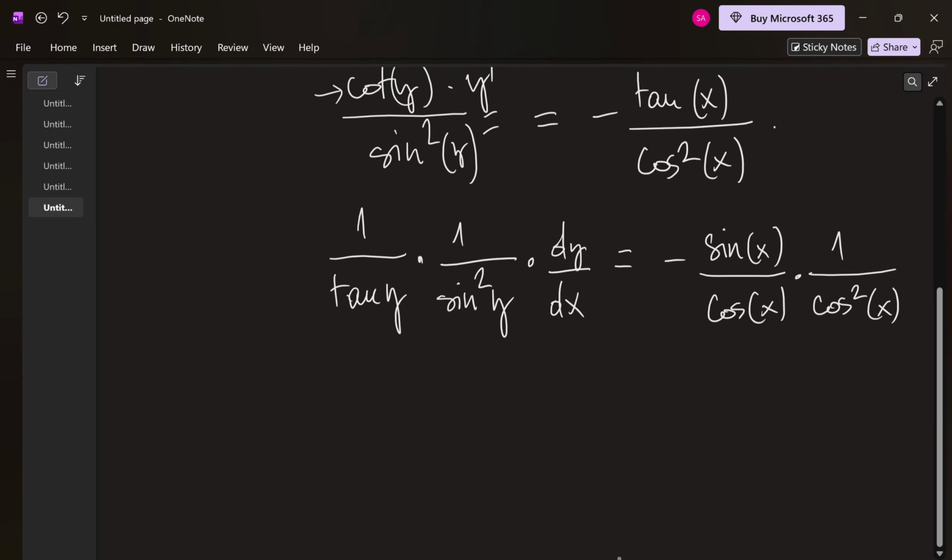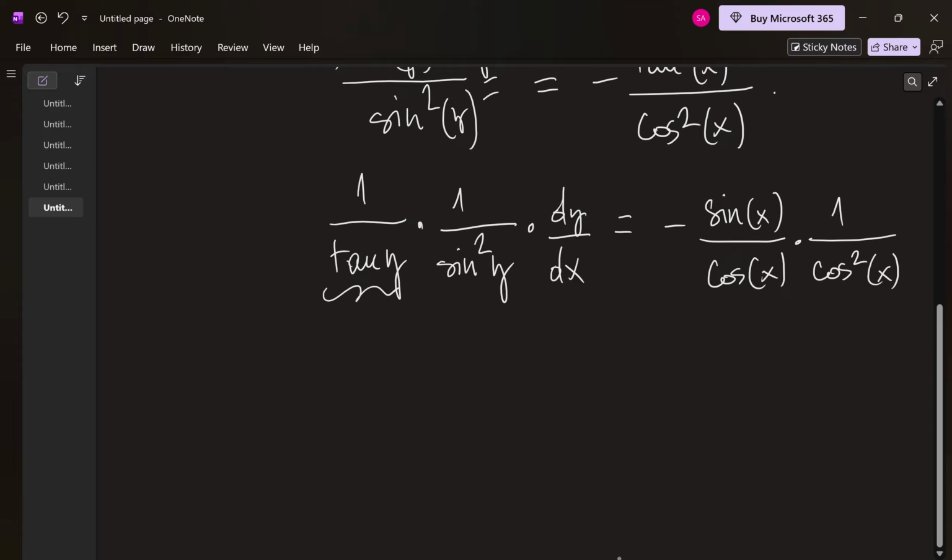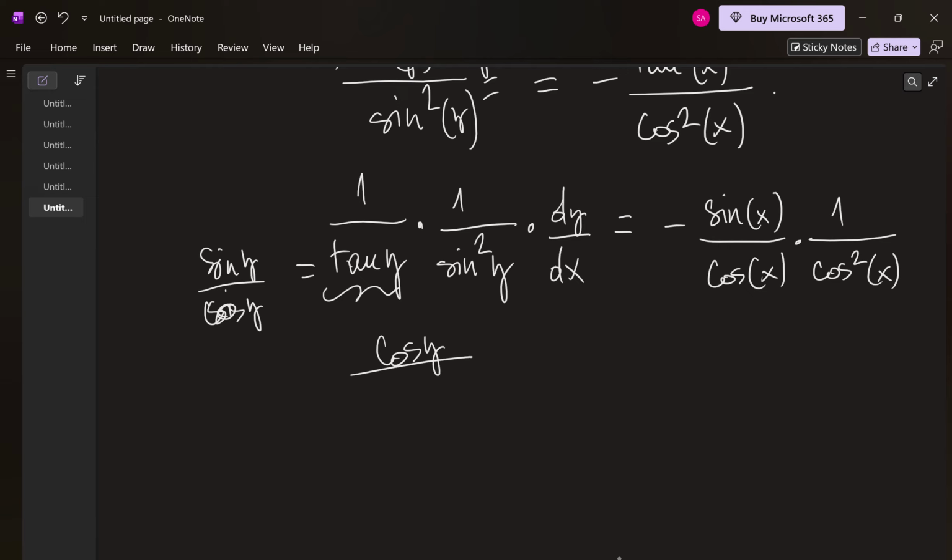Then this becomes, remember that tangent y is actually sine y over cosine y. So 1 over tangent y is actually equal to cos y over sine y times 1 over sine squared y, all of this times dy, and we take this dx to this side.